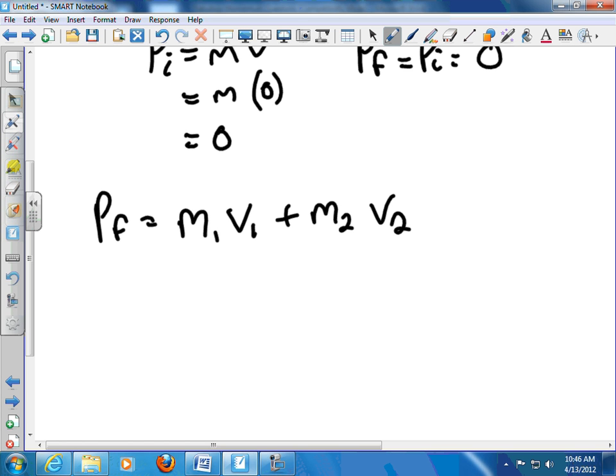No, it doesn't. As long as the mass goes with the right velocity. So 0 equals, I'll just say 2,200 times V1 plus 150 times 2.5, yeah.